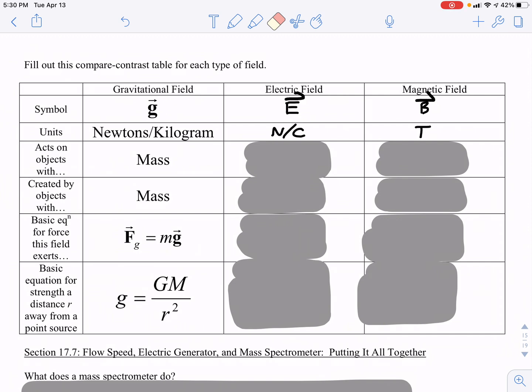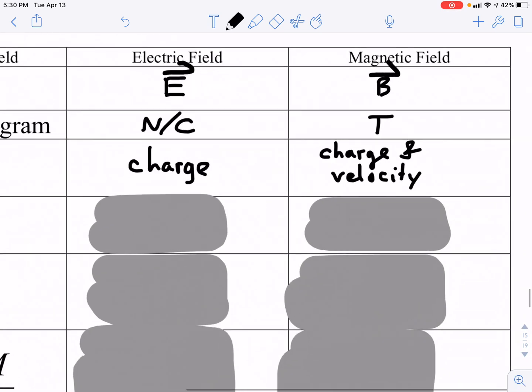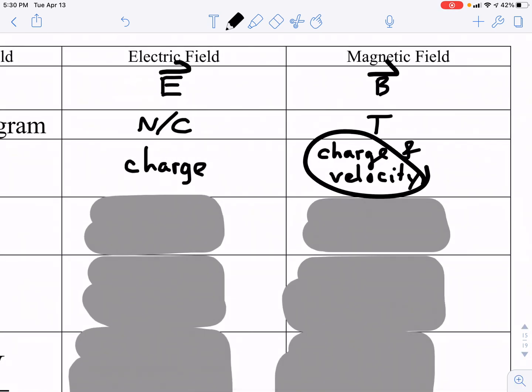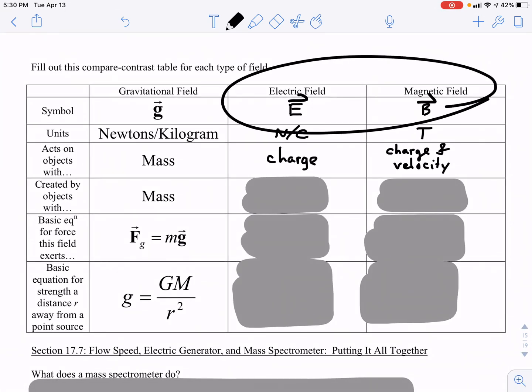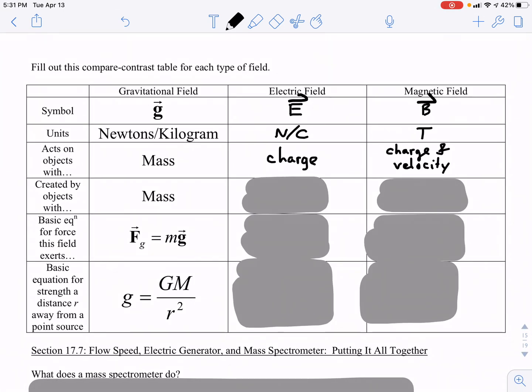Electric fields act on objects with charge. Magnetic fields act on charge and velocity. So specifically, we need a moving charge, not just a charge. That's the key difference between electric and magnetic fields.